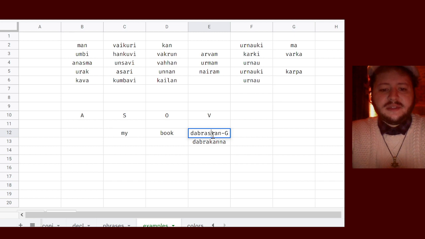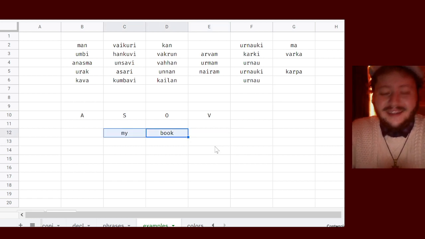I think the idea was this would be spoken close to the Caspian Sea somewhere. But yeah, Dabrakana. I think kana actually might be a Proto-Indo-Iranian loan from where the same root for stan is, but I don't remember. I could check, but I don't feel like doing that right now because I'm busy explaining this.